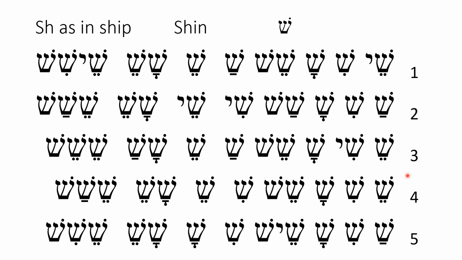Line 3, shay, she, sha, shesh, sha, shay, sha, sha, sha, shay, shesh, shay, shesh. Line 4, shay, she, sha, shesh, she, shay, sha, shay, shashay, shay, shash, shay, shash.